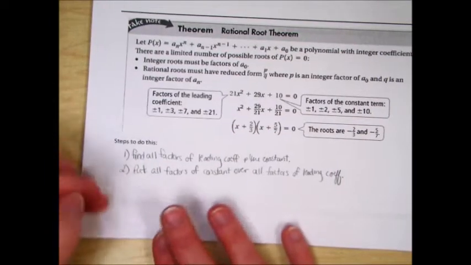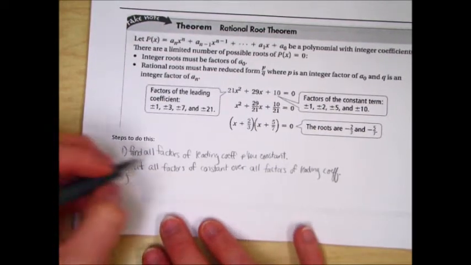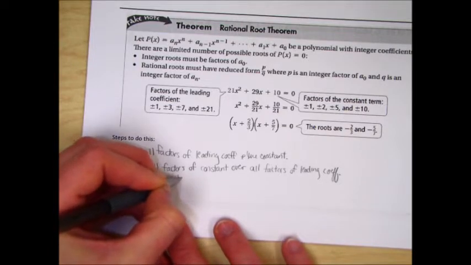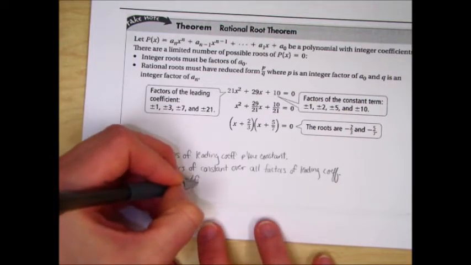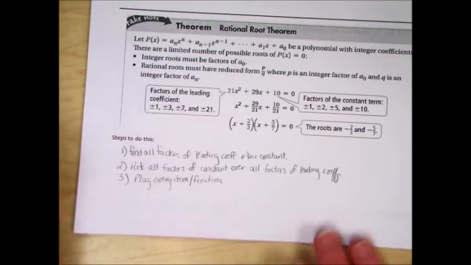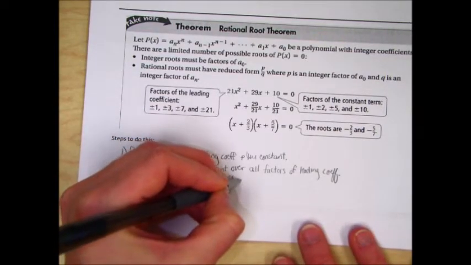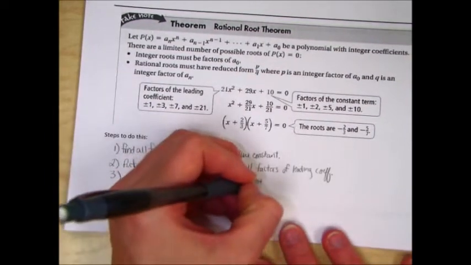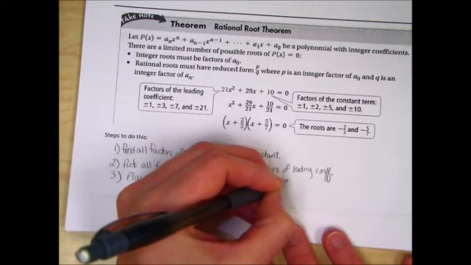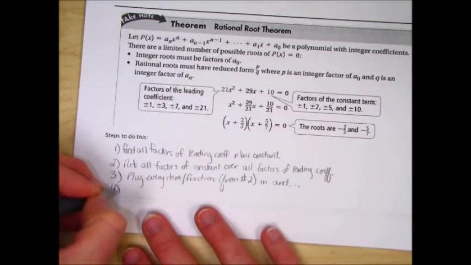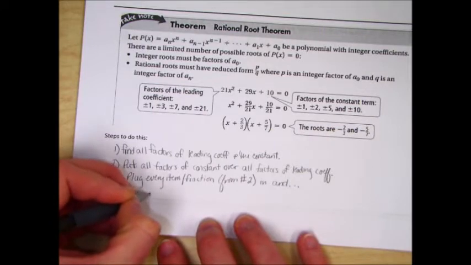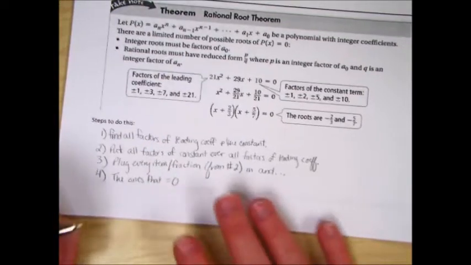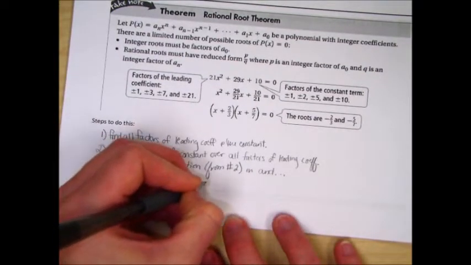Step 3, you're going to plug every item in, item or fraction or whatever you want to call it. You're going to plug in everything you get from number 2. Step 4, the ones that equal 0 are the roots.